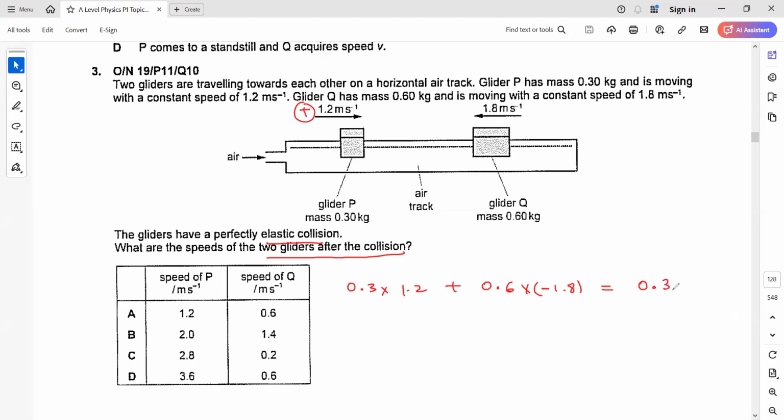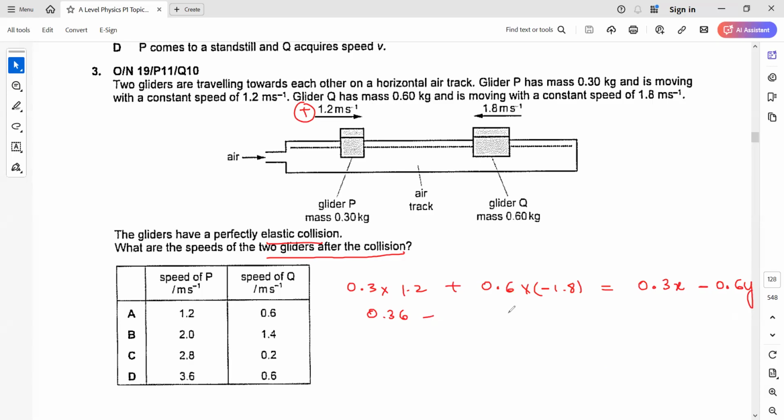So this would be 0.3x, and if I assume this to be positive, then this has to be negative, so 0.6y, right? This negative comes here because of the direction. So 0.3 times 1.2 is 0.36, and 0.6 times negative 1.8 comes out to be 1.08.